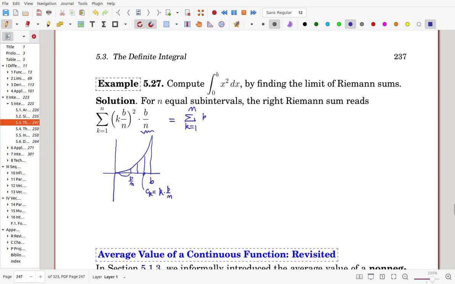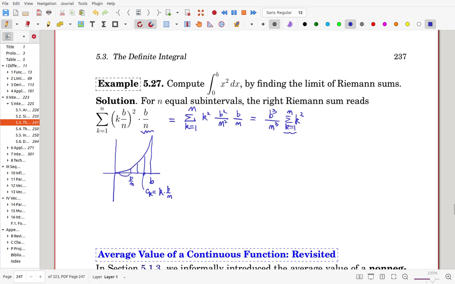If we rewrite that, it is sigma k from 1 to n of k squared times b squared over n squared times b over n. This portion is constant, independent of k, so we can put it outside, which is b cubed over n cubed, and then sigma k squared from k equals 1 to n.